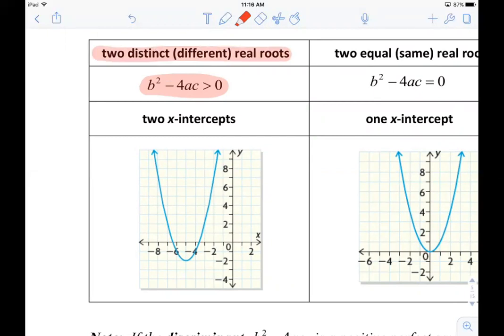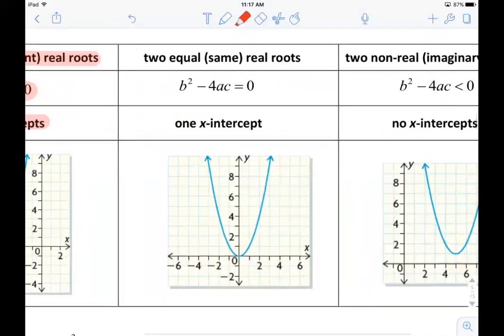And eventually, when you also connected this to graphing and quadratic relations, we also realized that when it's a relation set equal to y, those roots are also our x-intercepts. And so we actually see two distinct and separate x-intercepts in that case if we were to graph out our equation as a relation.